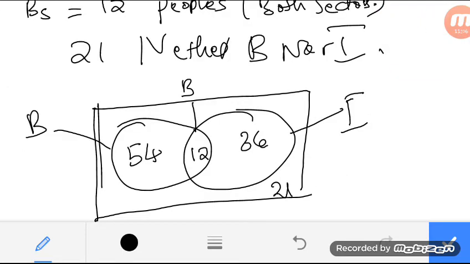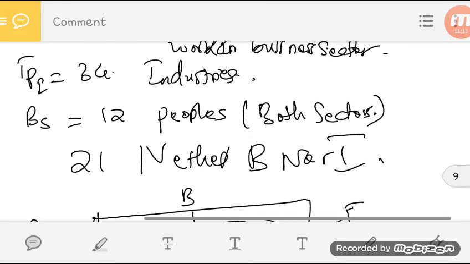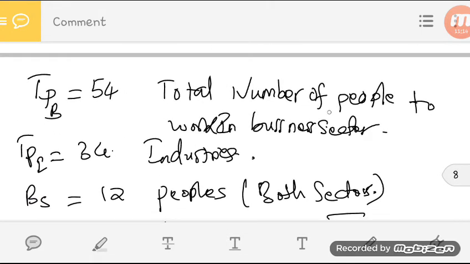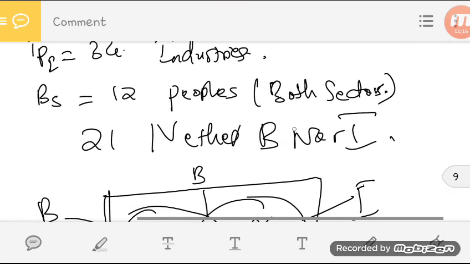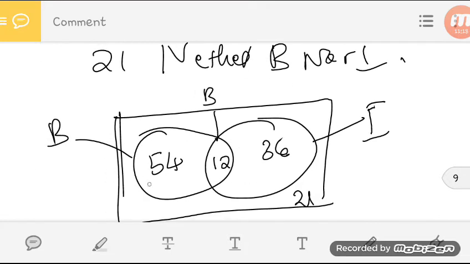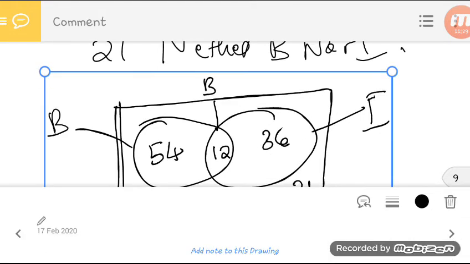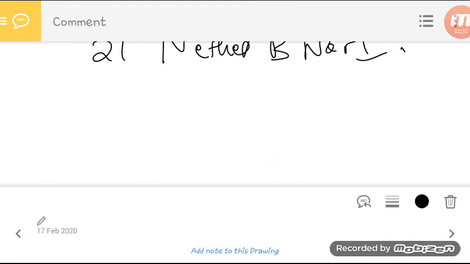So here we have our Venn diagram. We have 54 people, the total number of people to work in the business sector. We draw the circle. We symbol it with B and say 54 people. Then we draw another circle. We say 36 people in the industry sector, as our question asked.